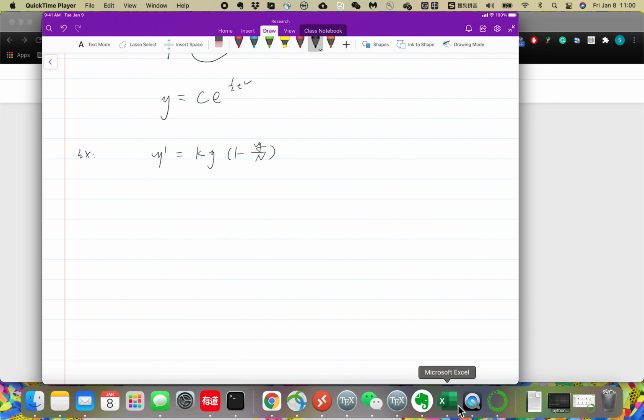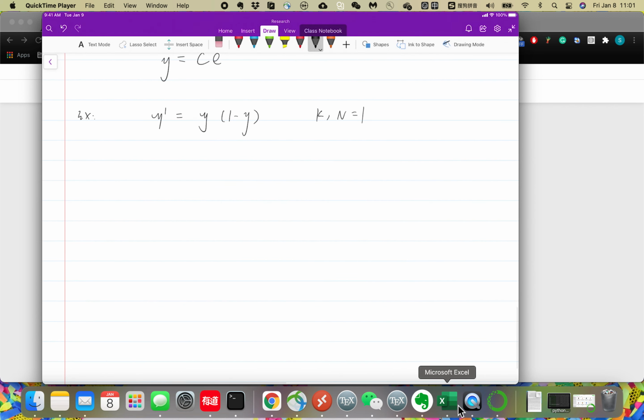To solve it is going to take a while, but I will solve the easier ones in class where k and n equal 1. Originally you have a k here, but it's 1. You have an n here, but it's 1. I will solve this one for you, but you will solve the one with the general k and n by yourself as an exercise.